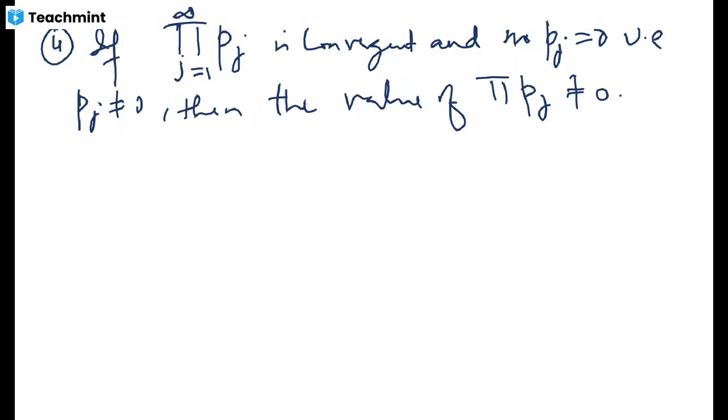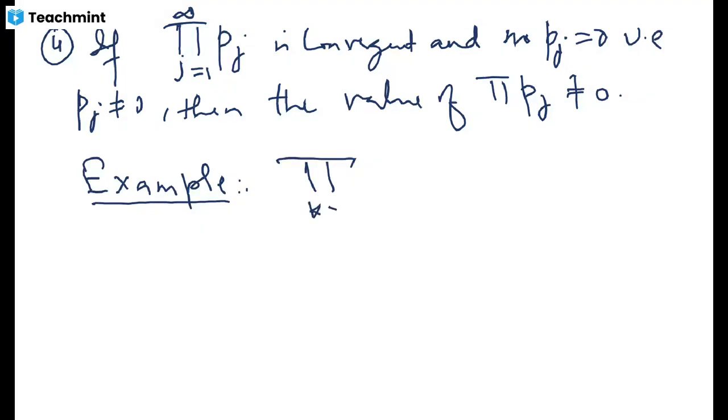So before moving on, let's see an example which might help us get a better insight into the convergence of infinite products. I'm considering this infinite product, k from 1 to infinity, with pj as 1 plus (minus 1) to the power k plus 1, upon k.